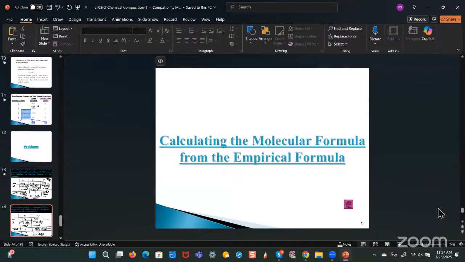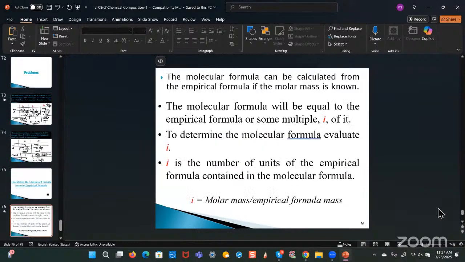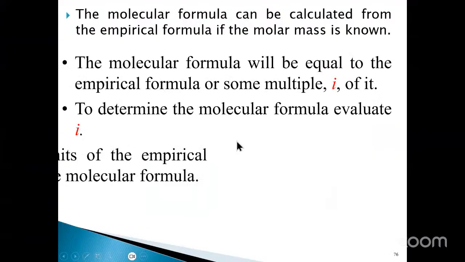What did I forget? So, remember I talked about the difference between empirical formula and molecular formula, right? So once you get the empirical formula, you can calculate the molecular formula, but you need an extra piece of information. And that extra piece of information will be the molar mass. And the way that helps you to calculate the molecular formula is by this equation right here, right? Let's scroll down to here.